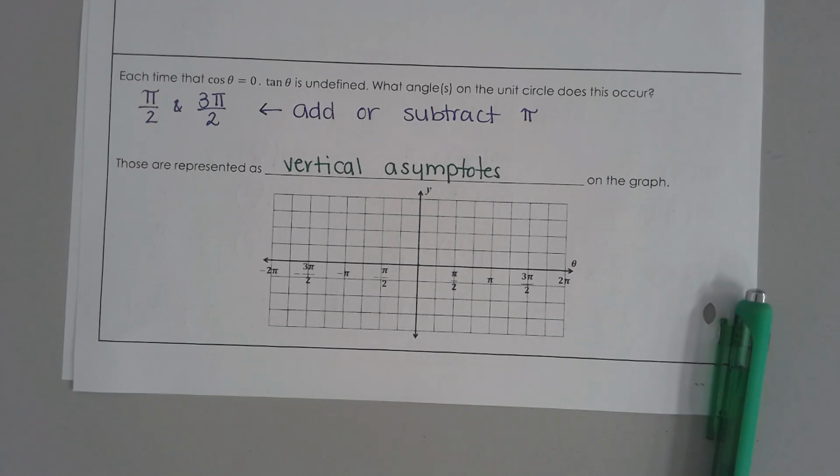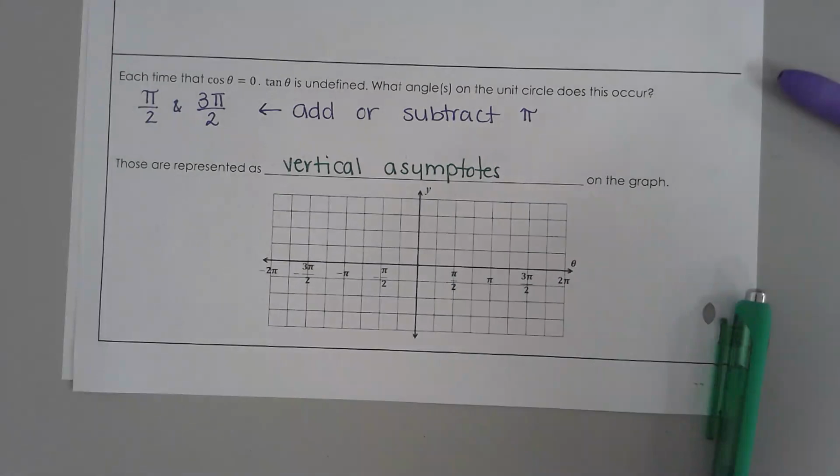So if it's undefined, and then pi more, it's undefined, and then pi more, or going backwards, you can subtract pi. So when we're graphing it, we'll put our vertical asymptotes, but then every pi, which in this graph is 4 blocks, so every 4 blocks would be a vertical asymptote.